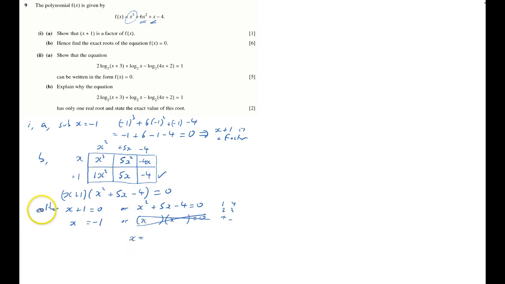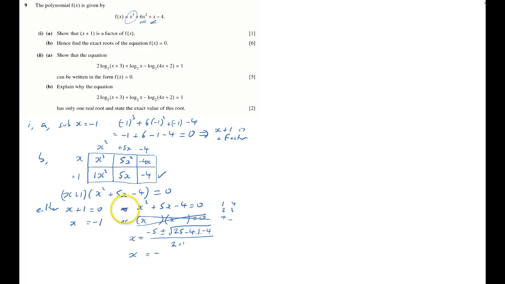So I'm going to have to use the formula. So x equals minus b, so that's minus 5, plus or minus the square root. B squared is 25, minus 4 times a is 1, times c is minus 4, all over 2a, so it's all over 2 times 1.